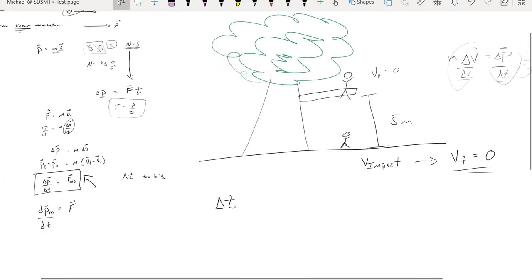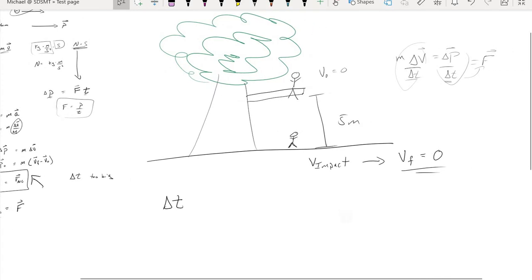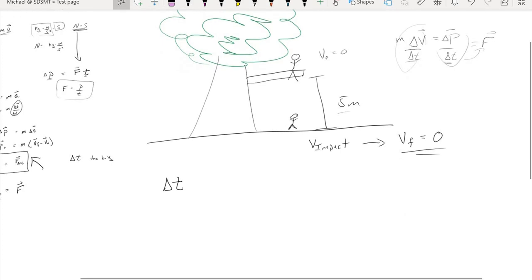And this child, being that they haven't taken a physics class before, their first mistake, obviously, is jumping out of a tree from a height of 5 meters, which is a little bit more than 15 feet. But they're going to lock their knees when they land.